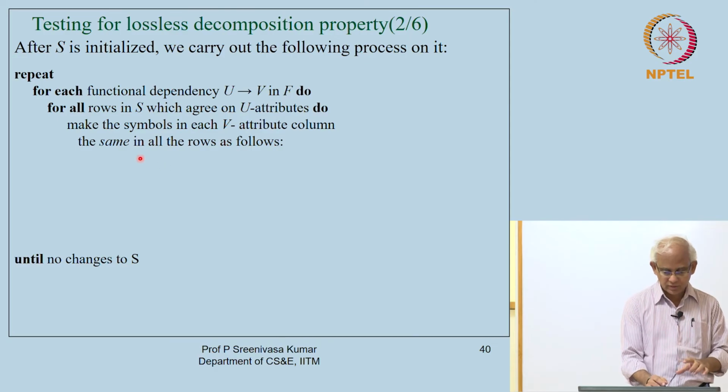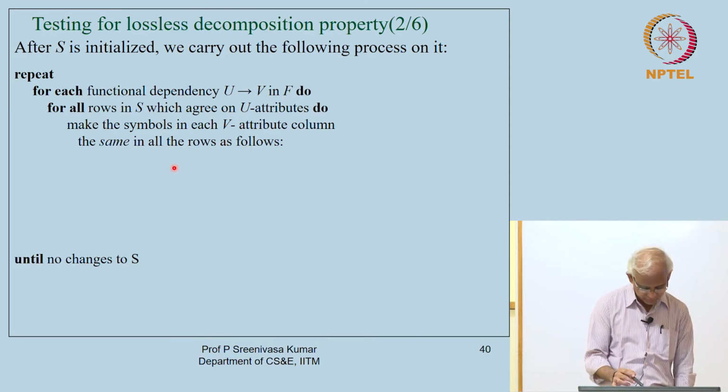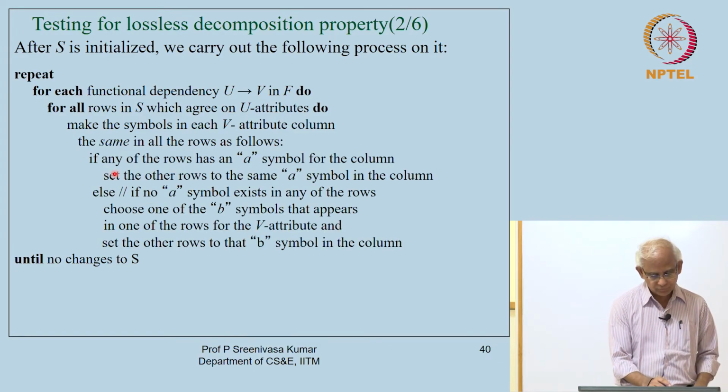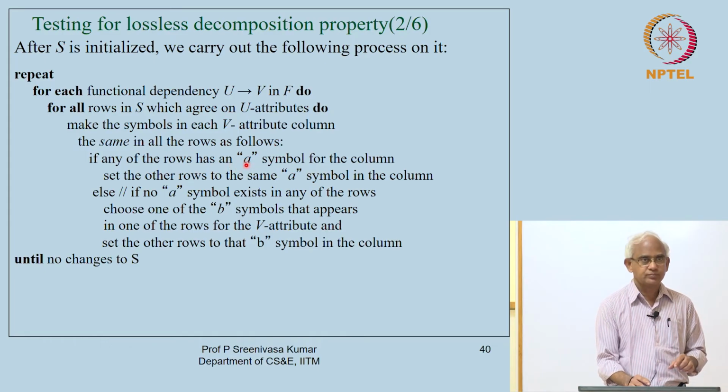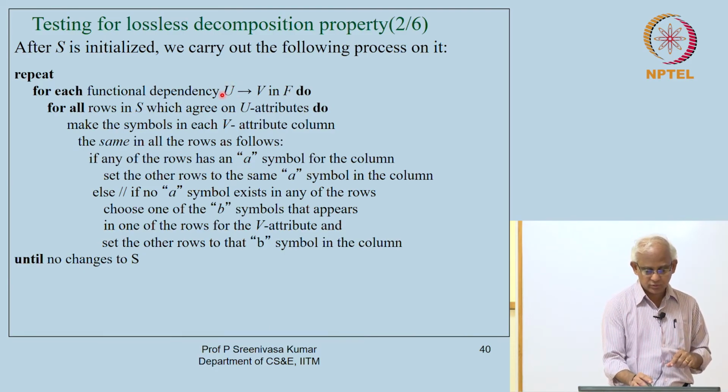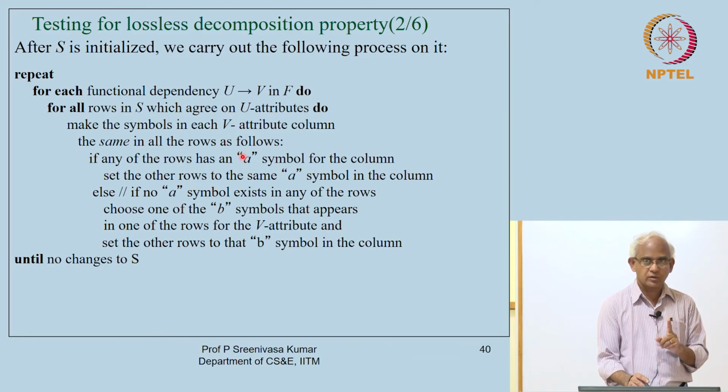Let me elaborate how exactly we will do that. There is a method of doing that. These rows are the ones having the same values for the U attributes. Now we are focusing on one particular V attribute, the right hand side attribute.